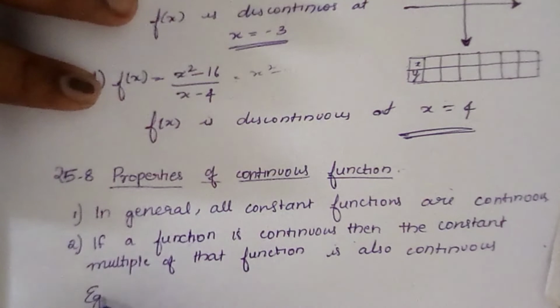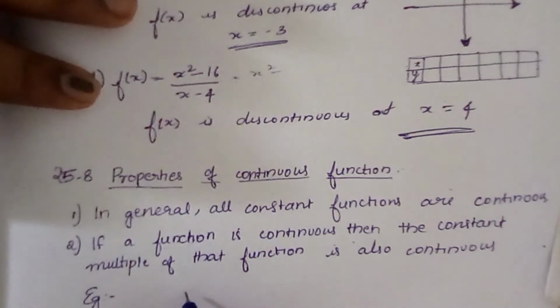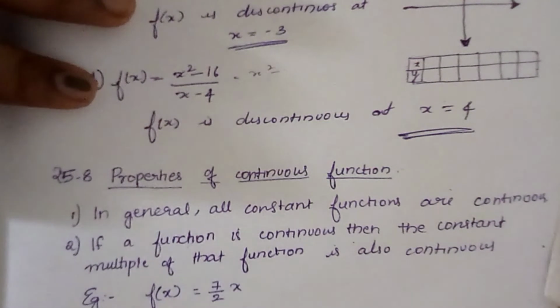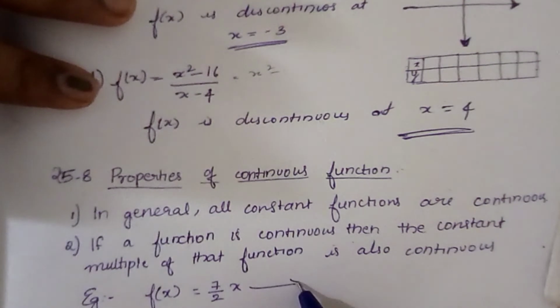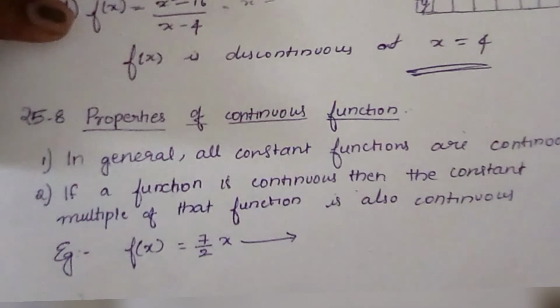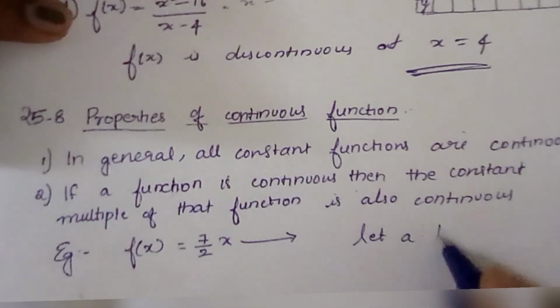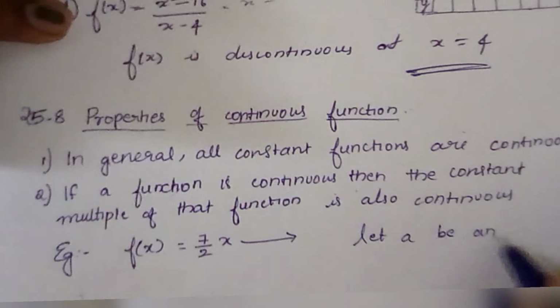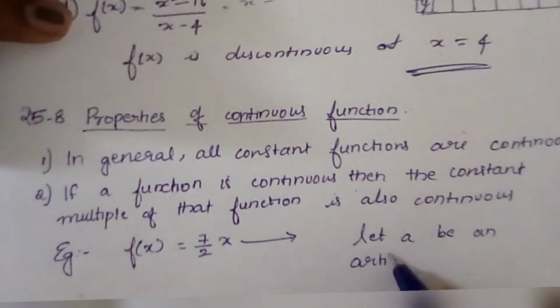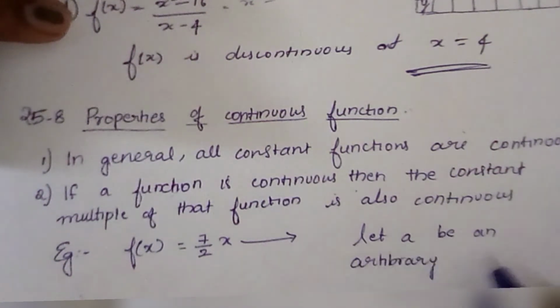Example: let us consider the function f of x is equal to 7 by 2x. Here x is a constant function and let a be an arbitrary function.